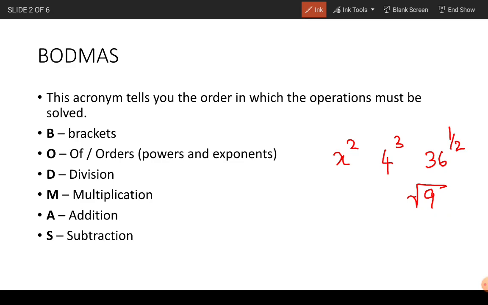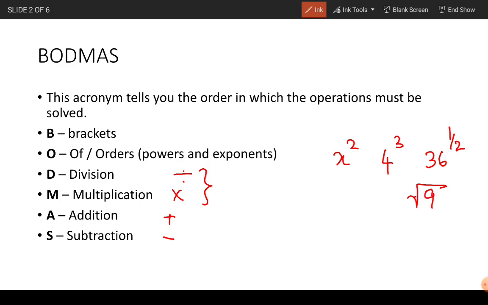After brackets and off comes D, which stands for division, M stands for multiplication, and then comes addition and subtraction. In some lectures, you will also see that teachers like to say that division and multiplication can happen simultaneously.